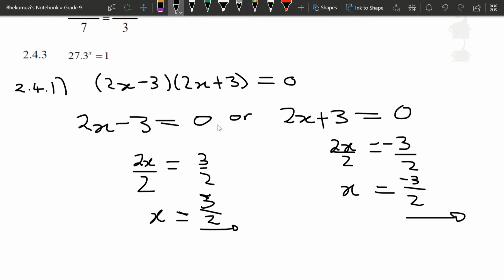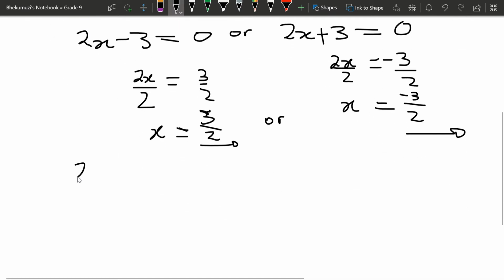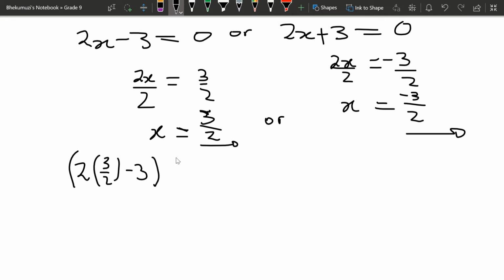But what was I saying at the beginning? I was saying that it's either one of the two. So notice if we put 3 over 2 in 2x minus 3 and 2x plus 3: in the first bracket it is 2 times 3 over 2, minus 3, and in the second bracket it's 2 times 3 over 2, plus 3.